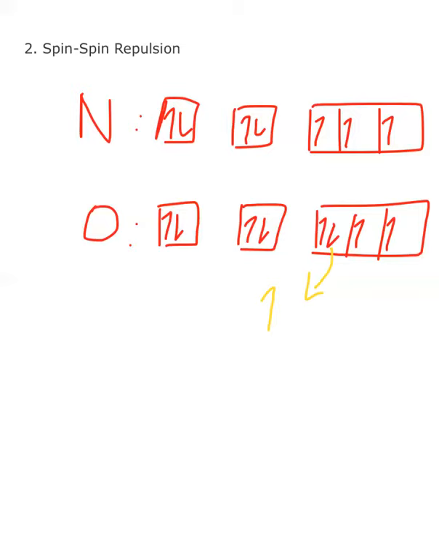This is what we did in excited state. We learned when we were doing ground state and excited state in the previous video that when energy is provided, the downward spin turns to an upward spin.